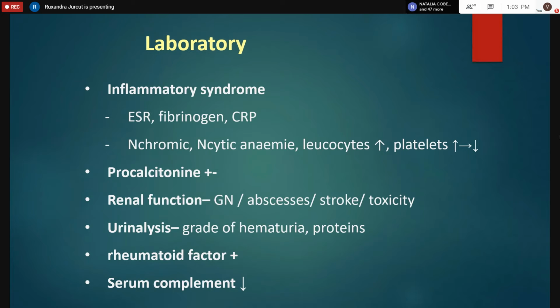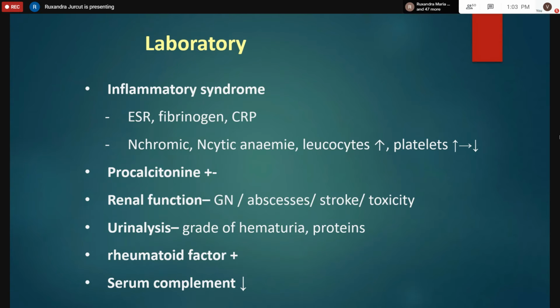This means that the patients usually have a high leukocyte count, but sometimes they can have low leukocytes if they are in a very severe state, because their bone marrow might not be able to create any more cells. They can get anemia due to that, and the platelets might be high or might be low. So this is quite non-specific, but it's usually an abnormal hemogram.